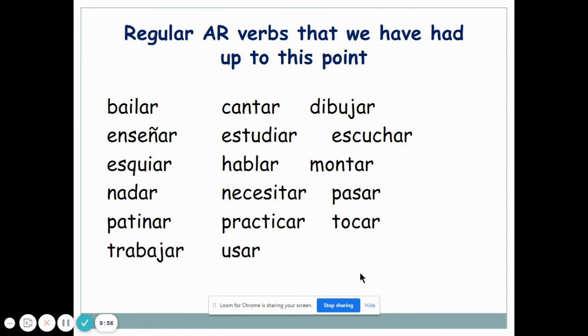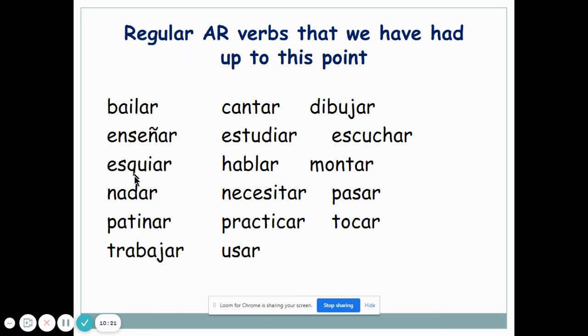These are not all of the verbs in the world, but these are some that you've been looking at last week. So look, see how all of them end in AR. Bailar, to dance, enseñar, to teach. Esquiar, to ski. Nadar, to swim. Patinar, to skate. Trabajar, to work. Cantar, to sing.